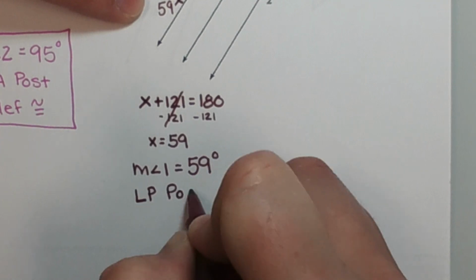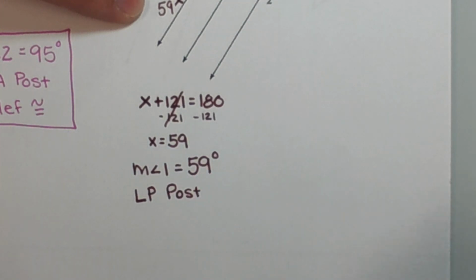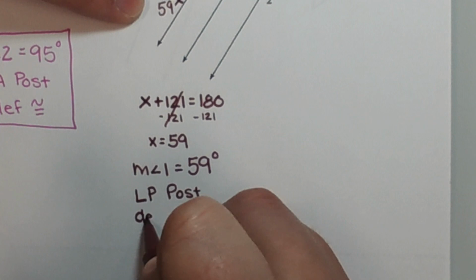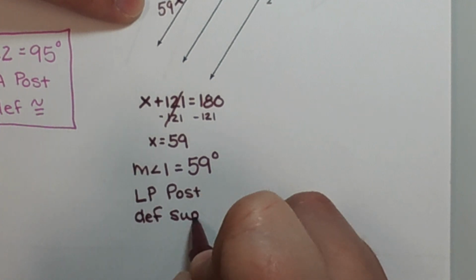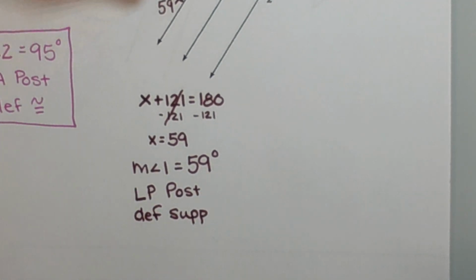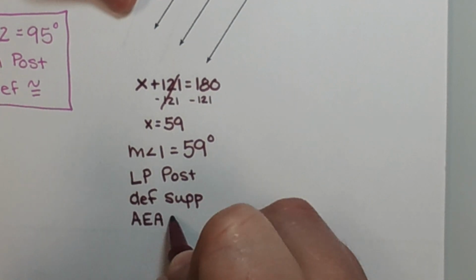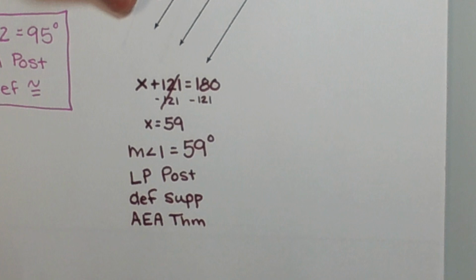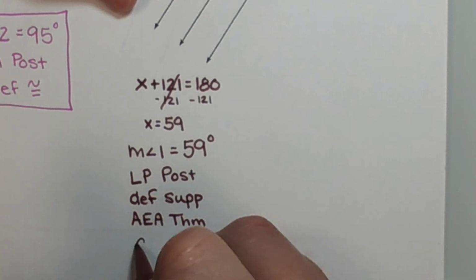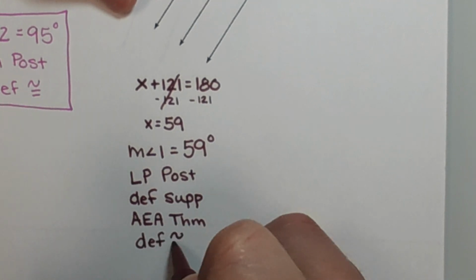And that linear pair postulate told me that things were supplementary. Therefore, I had to use the definition of supplementary. Once I had that, then I had exterior angles. Therefore, I used the alternate exterior angle theorem. And that theorem said things were congruent, so I used the definition of congruent.